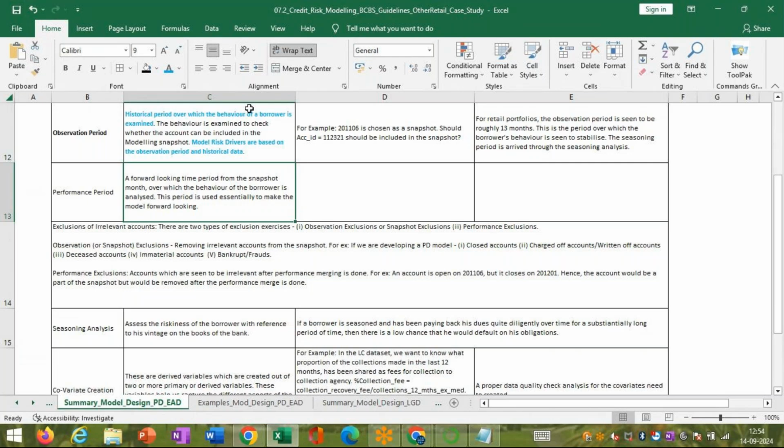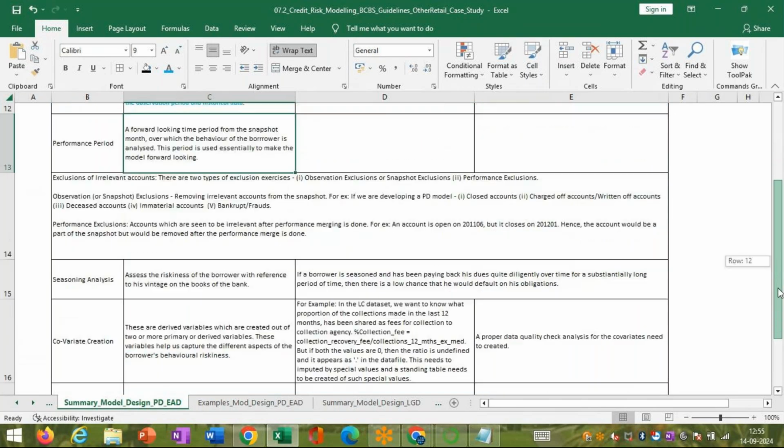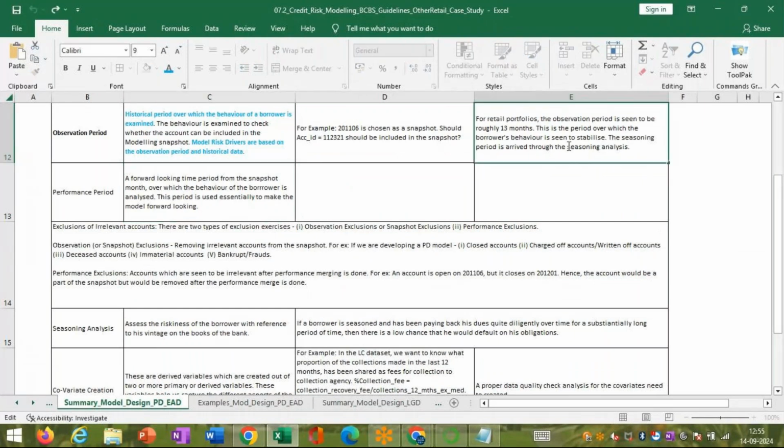So we have discussed both these concepts over here, right? What is seasoning and what is seasonality. The seasoning analysis is something which we will be discussing again here separately. And also there are guidelines around seasoning analysis that we will be considering.